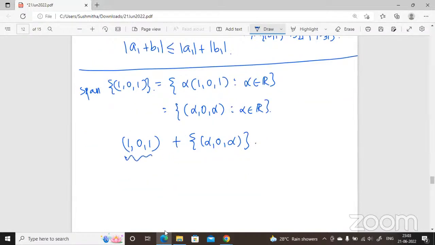This element already belongs to this set, right? Okay, sorry, 102, let's say. It's alpha plus 1, comma 0, comma alpha plus 2. That means I am actually on the XZ plane. I'm not going out of the plane.